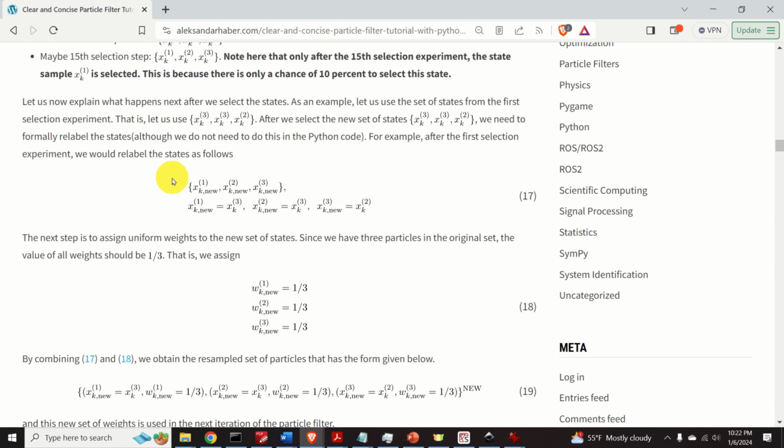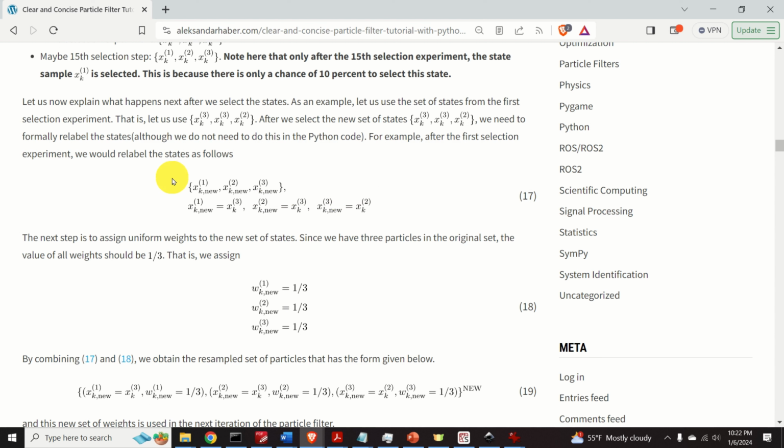By using this set of weights and by using the systematic resampling approach, this function will produce a set of indices of resampled particles. To illustrate the selection, let us denote the indices over here. This weight corresponds to the particle number 0, this weight corresponds to the particle number 1, this weight corresponds to the particle number 2, and this weight corresponds to the particle number 3.